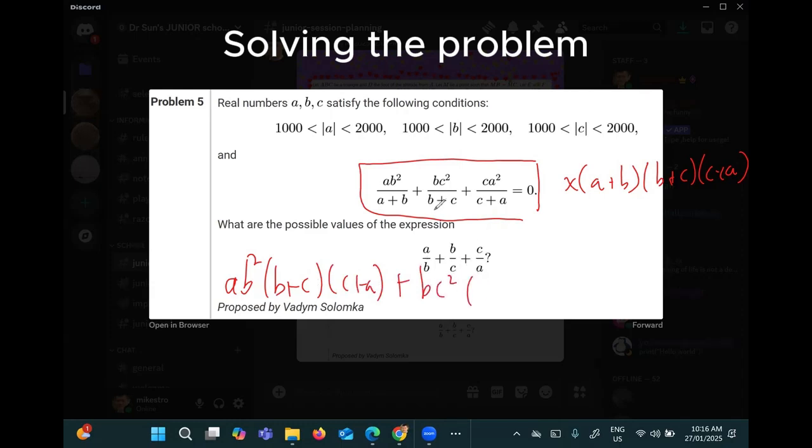Now the b plus c is in this one, so that'll cancel. You get just (a plus b) times (c plus a). And then when you multiply this by the third one, the c plus a will cancel, right? Get (a plus b) times (b plus c), equals 0. Does that make sense?